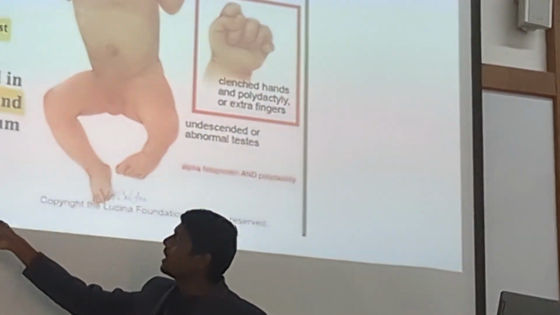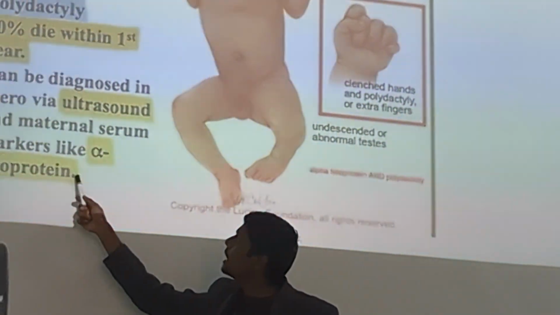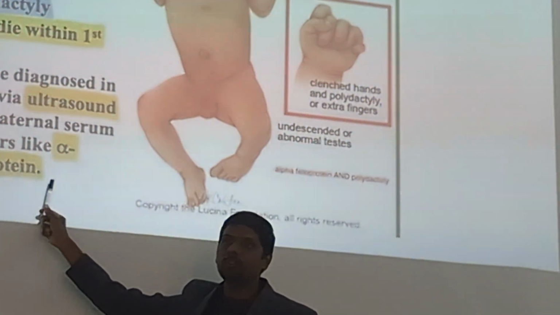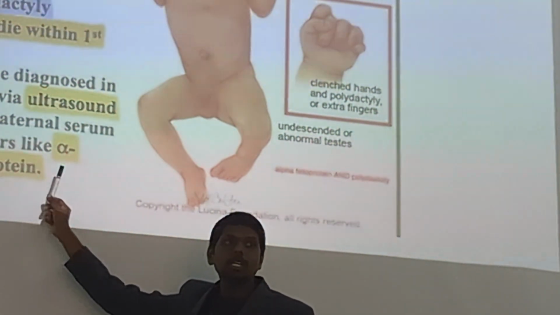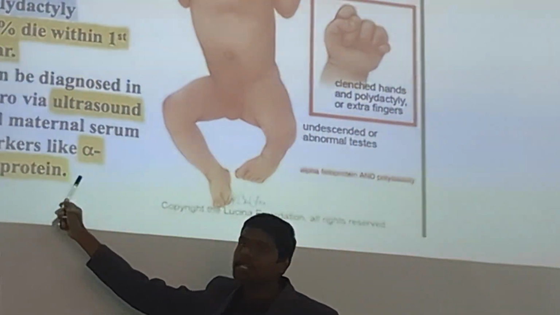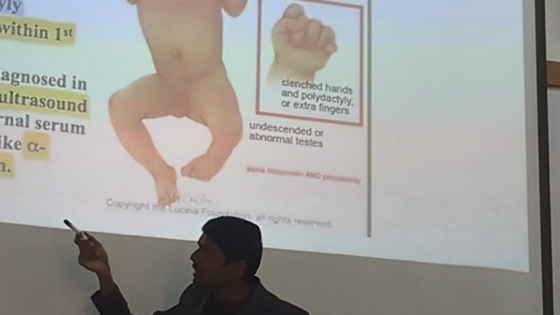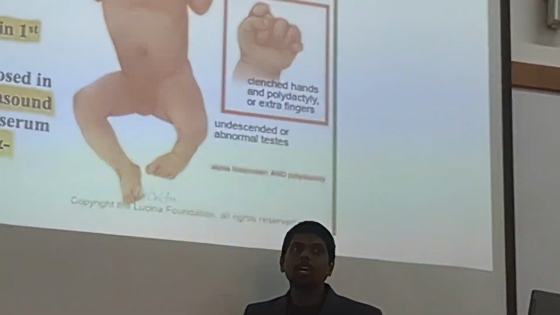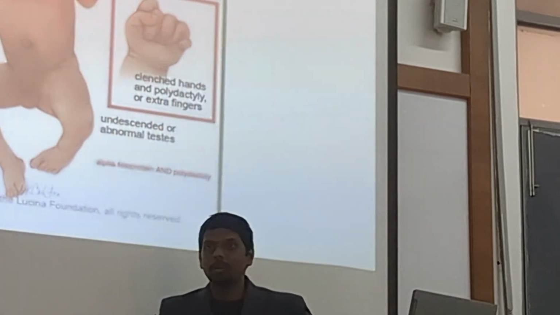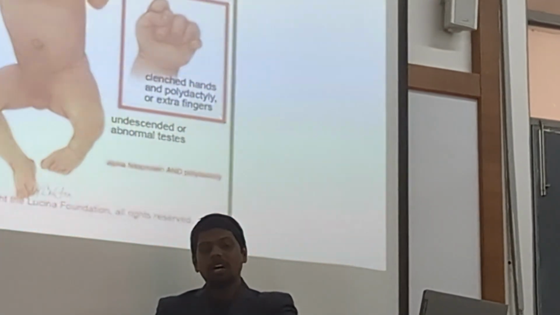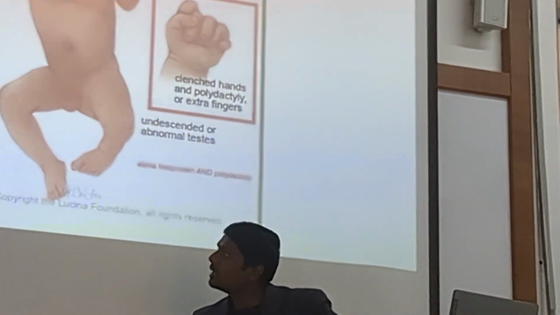There is a test called alpha-fetoprotein. This will be done after 3 months of pregnancy, in the first trimester. If there is any abnormality in this test, we can go for abortion. Because we are living in a time where everything is toxic, all our food has toxins, we can't trust the lifestyle.